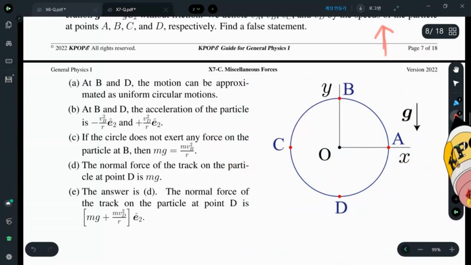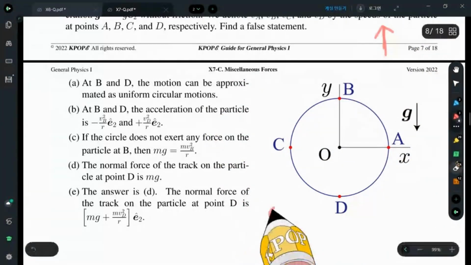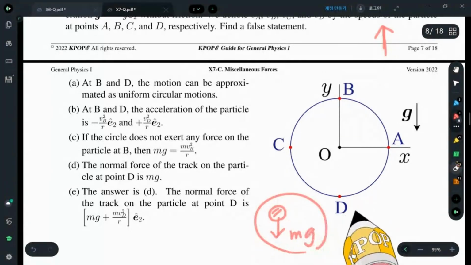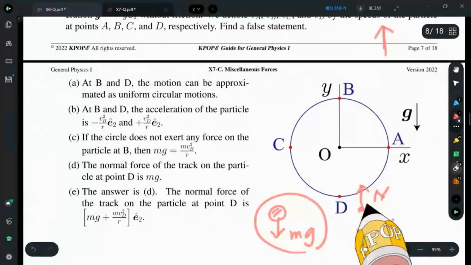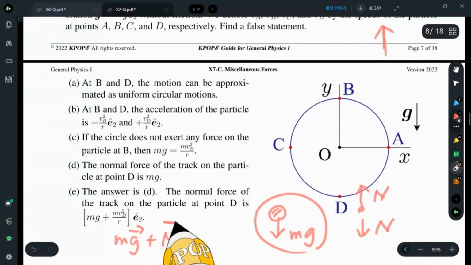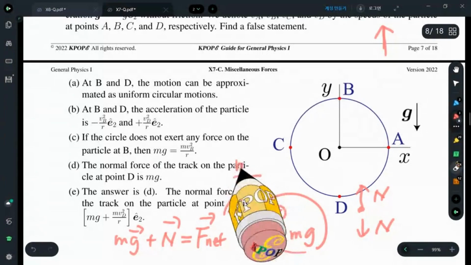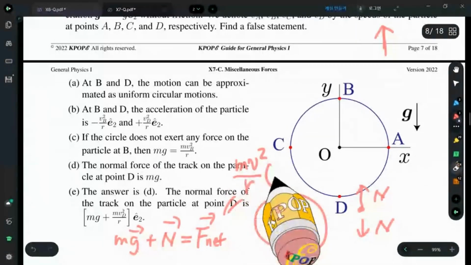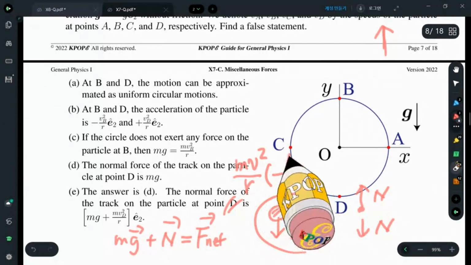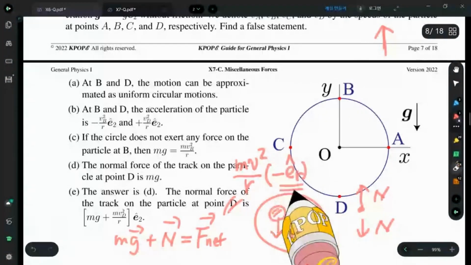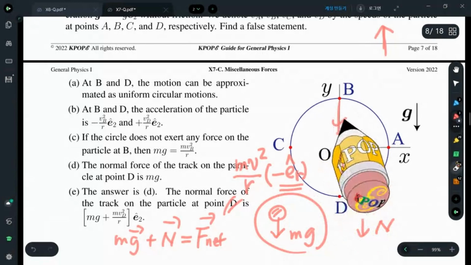So what you have to consider is there is mg, that is constant. And there is a normal force. I don't know whether it is up or down. The mg vector plus the normal force should be the net force. And the net force must be m v squared over r, directed to the center, minus r hat, so toward the center.